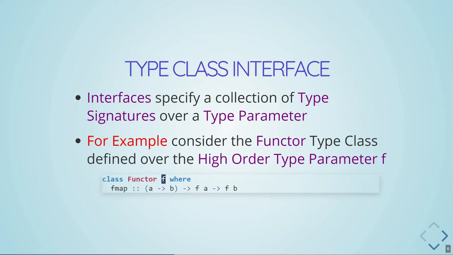So what we do is we use f as a stand-in for whatever data type we have, and f is going to be a data type that takes another type parameter. Instead of writing list of A here, we write f of A, and instead of writing list of B here, we write f of B. So fmap takes a function from A to B, some type wrapping around A, and returns some other type wrapping around B.